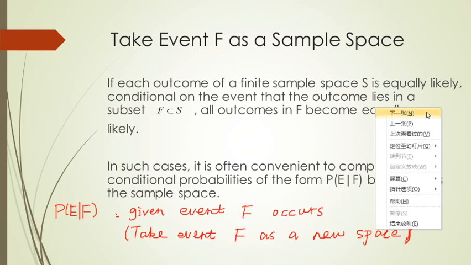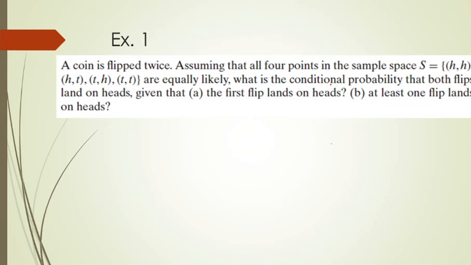Now let's check the examples. A coin is flipped twice. It's also like flipping two coins. It's the same. Assume that all 4 points in the sample space are equally likely.